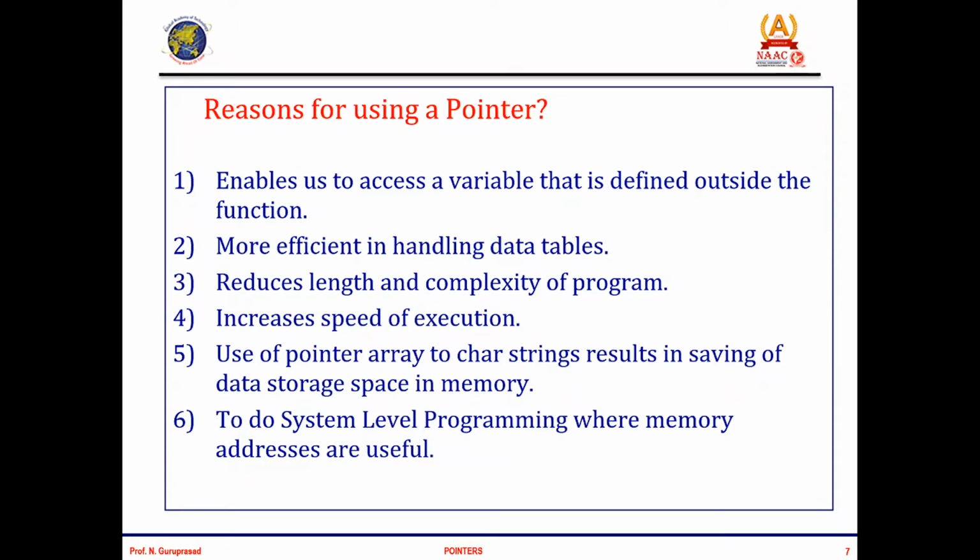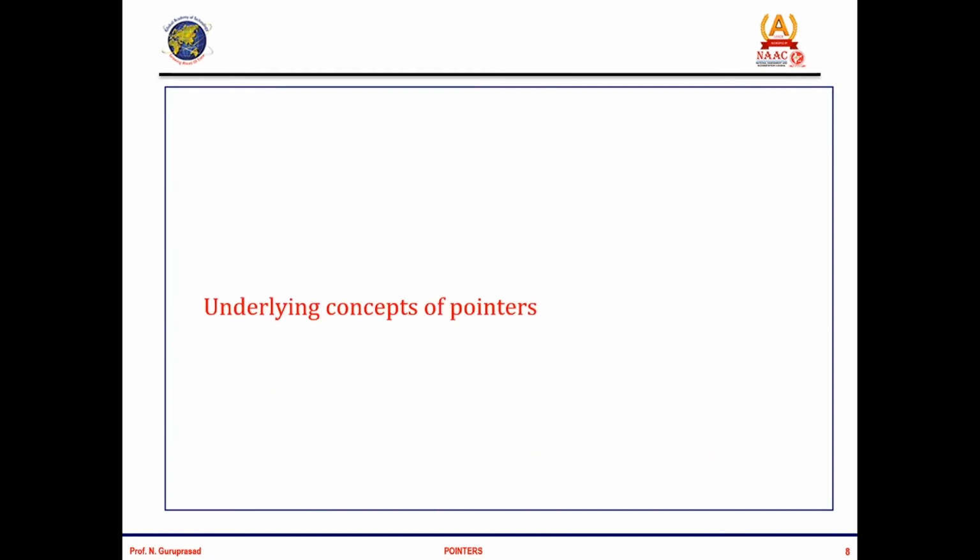Fifth, use of a pointer array to character strings results in saving of data storage space in memory. We are going to look at this fifth point at the fag end of this topic. And the last one is to do systems-level programming where memory addresses are useful. So there are quite a good number of reasons that make a programmer use a pointer.